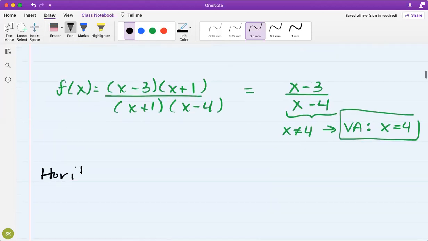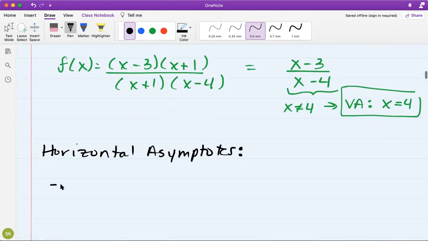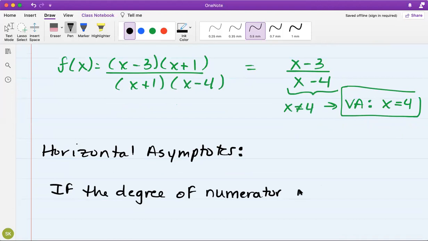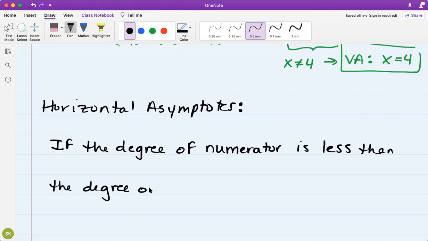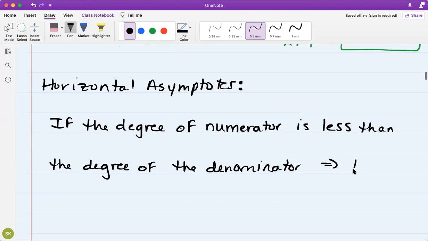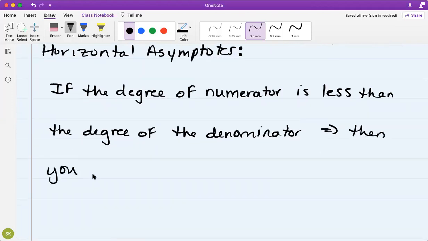How to find horizontal asymptotes, just by looking at the function: if the degree of the numerator is less than the degree of the denominator, then you will have a horizontal asymptote at y is equal to 0.